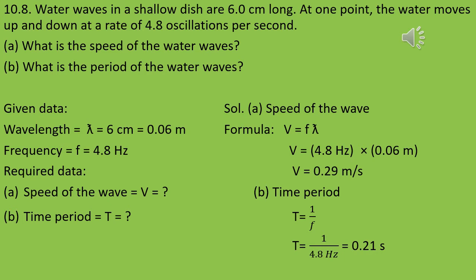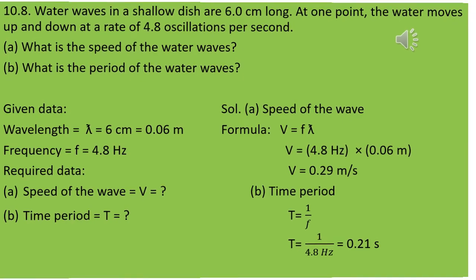B. Time period. Formula: time period is equal to 1 divided by frequency. By putting the values in the formula, we get T = 1 divided by 4.8 Hz, or T = 0.21 seconds.